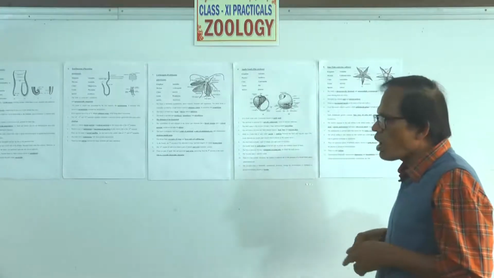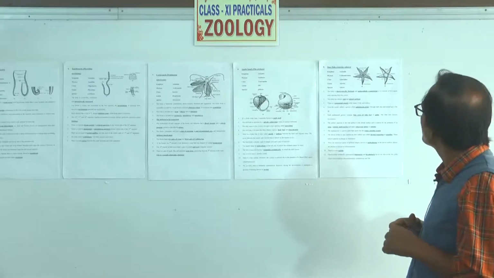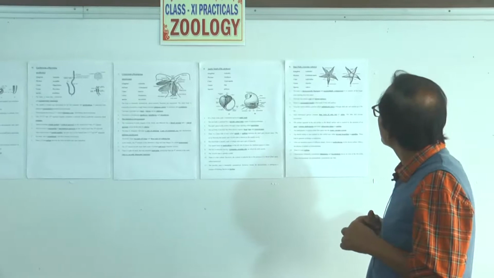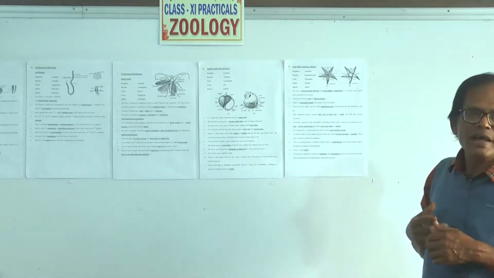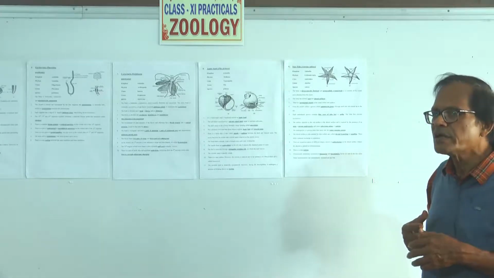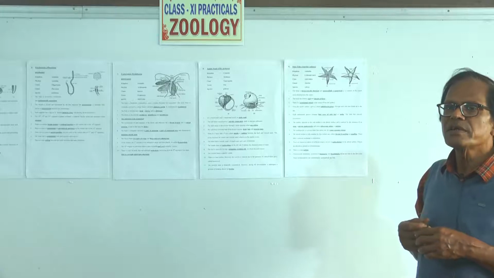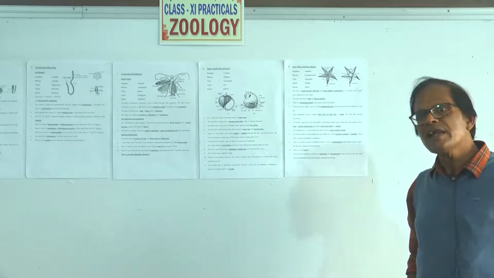Then the starfish. Its scientific name is Asterias rubens. The kingdom, as usual, is Animalia. The phylum is Echinodermata. The word Echinodermata is again significant. Echinos means spines, derma means skin. The skin is spiny.